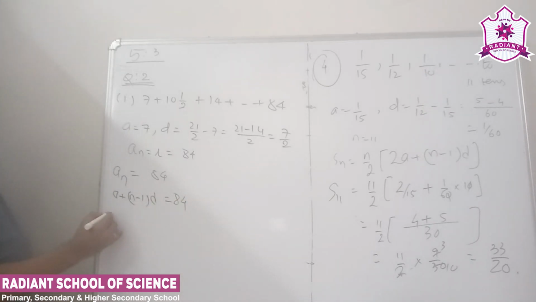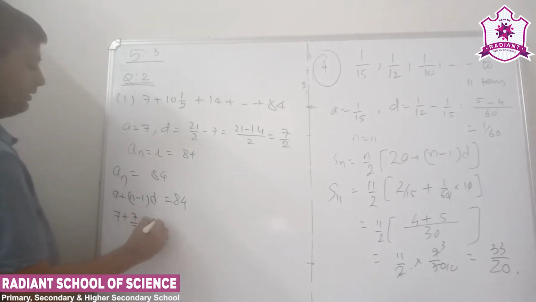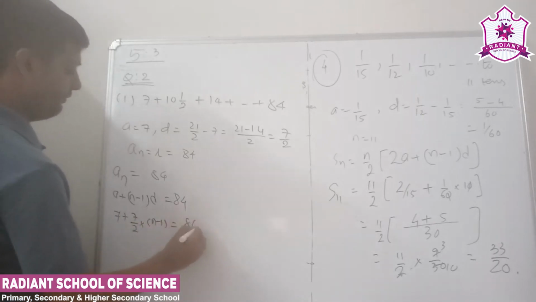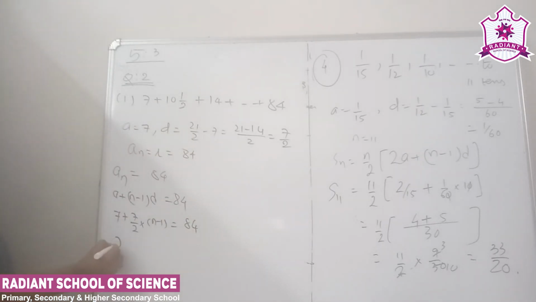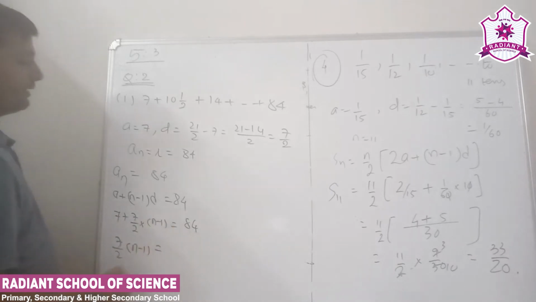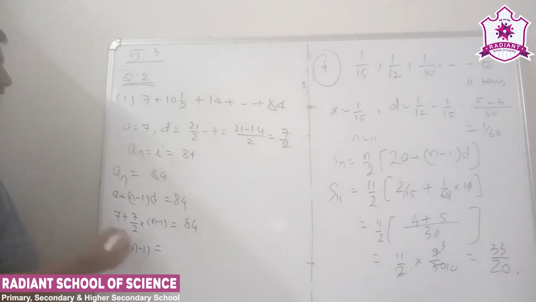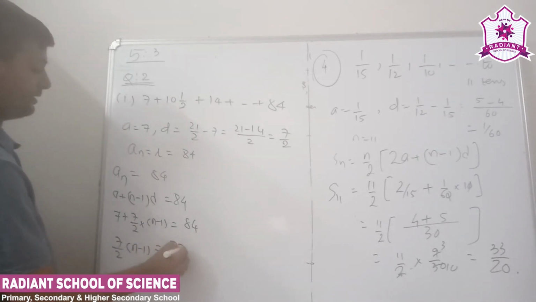Now a means 7, d is 7 by 2 and n is unknown, so 84. First 7 inside, so 7 by 2 into (n minus 1) is equal to 84 minus 7, so 77.